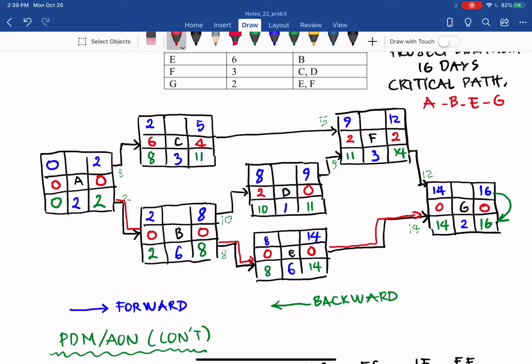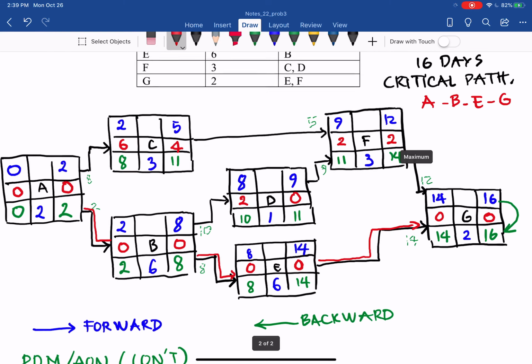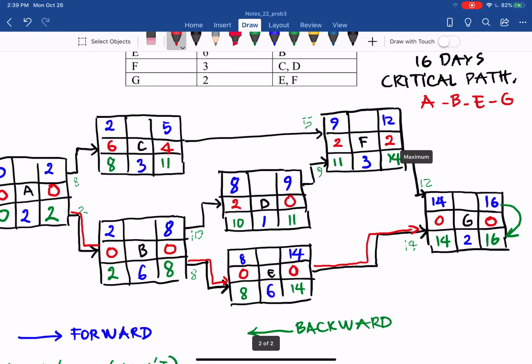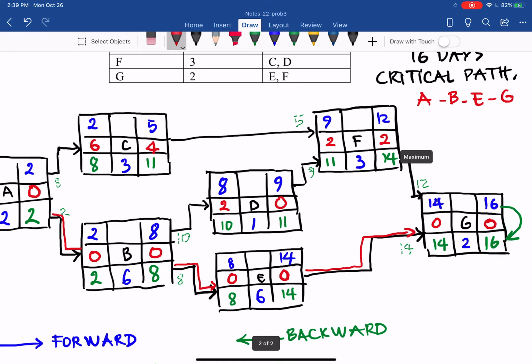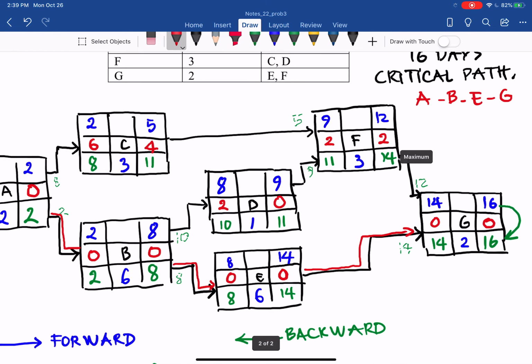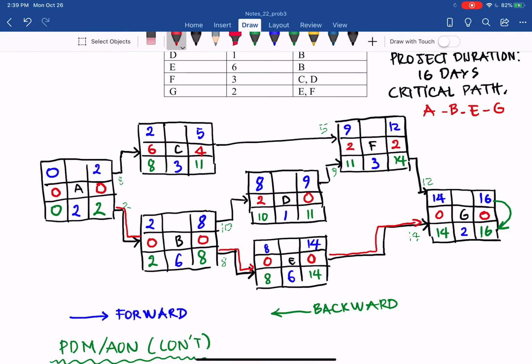So if you delay activity D by 2 days, the project is still 16 days. But because the free float of activity D is 0, you delay the early start of activity F from day 9 to day 11. You push activity F back 2 days. But overall, you will not delay the project duration. So that is free float.